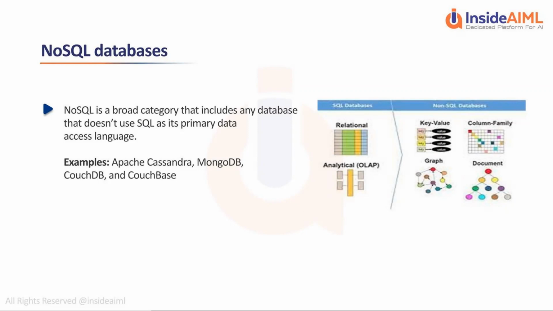You have different NoSQL databases: Apache Cassandra, MongoDB, CouchDB, and Couchbase, which can store data that is not in the form of tables or relations. In these databases, the data is stored as key and value pairs. It might be present in the form of graphs, or in hierarchical documents as well, or column family.